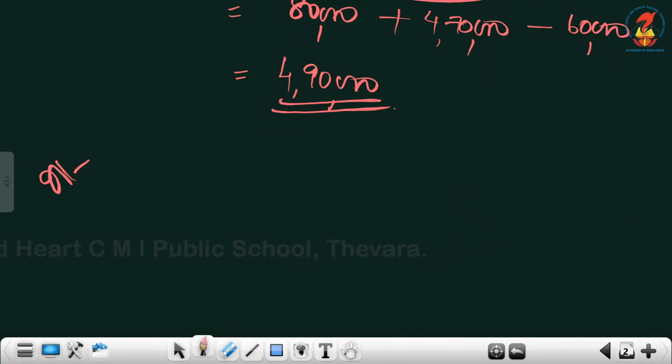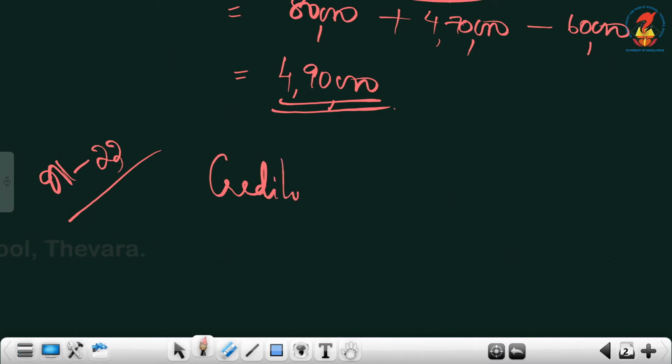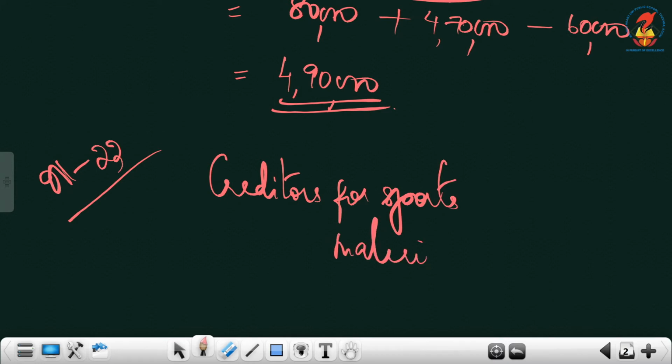So we will do the creditors account first. Creditors for sports materials account, that's the heading you have to write. You have to specify the goods name. Previously we wrote medicines account. This is creditors for sports materials account.